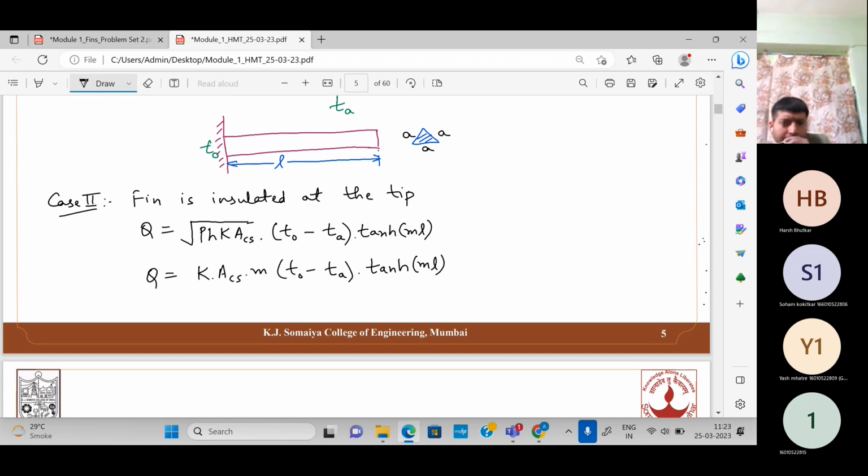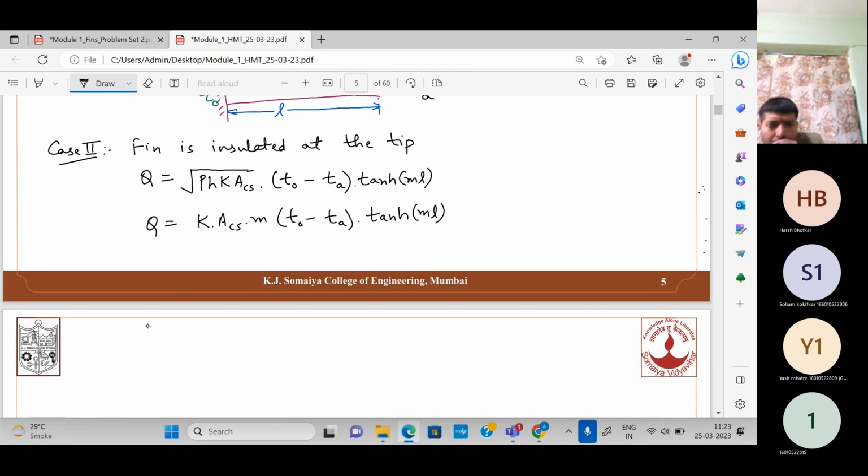Now what is the value of m? m is equal to root of hP by kA. This is our expression for Q. If we put the value of m here, then we will get the above expression.